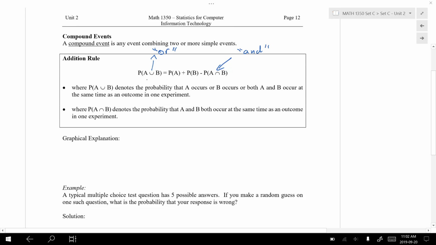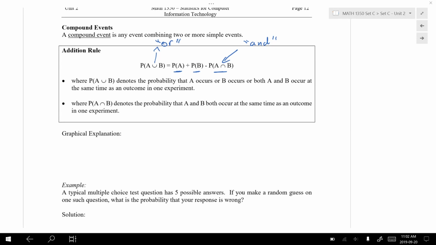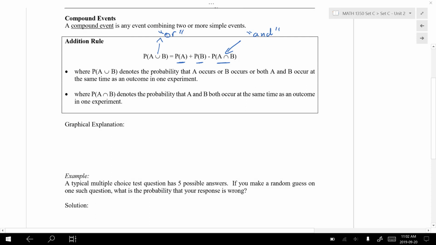So for example, if we're thinking about the probability of A or B happening, that will be the probability of A plus the probability of B. And then we'll have to subtract out the probability of them both happening to avoid some double counting. We can go through and explain this maybe in a Venn diagram to see some example.